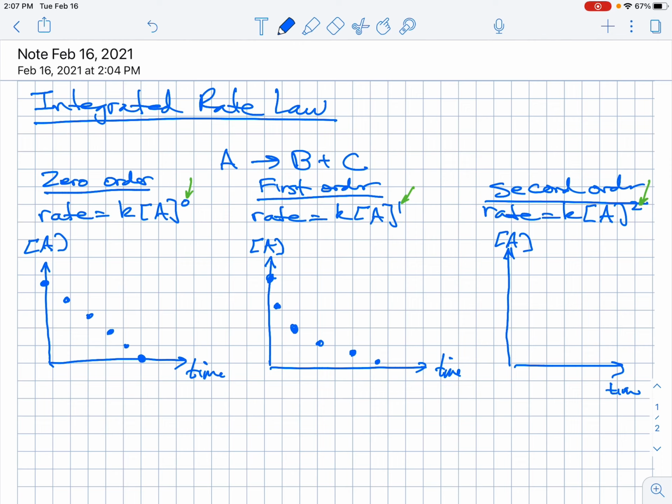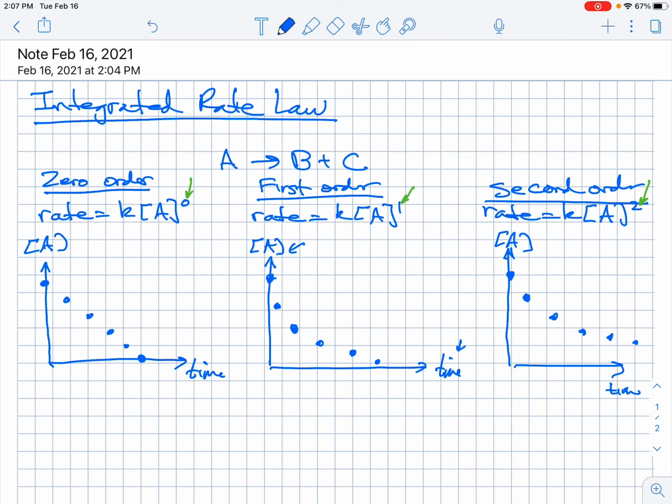It's what's called a power law, but that's not important at the moment. It decreases a little less drastically than the exponential, but it does decrease in a curved manner like this. So the real trick here is how do we distinguish a first and a second order? Because they look alike when you graph concentration versus time.